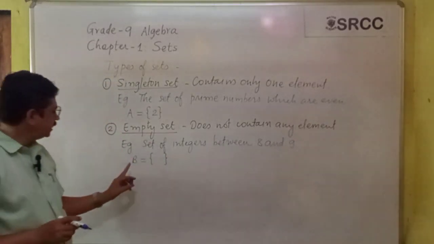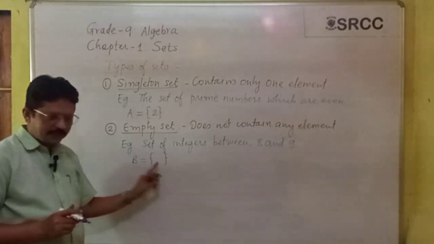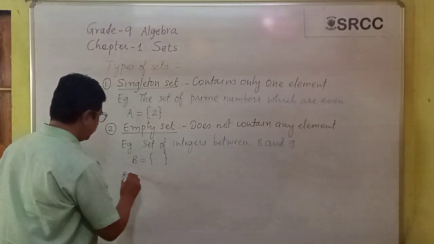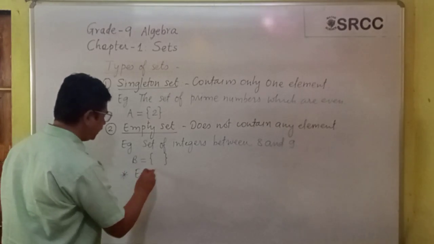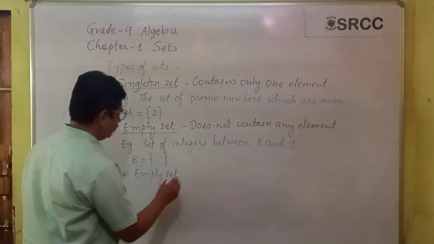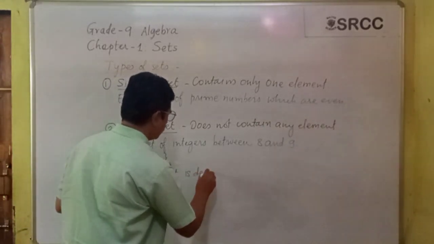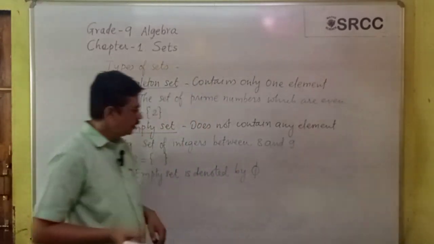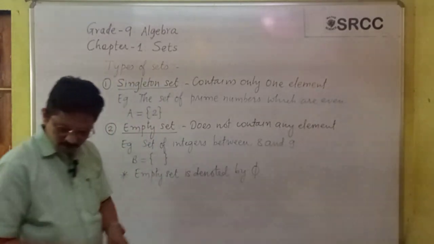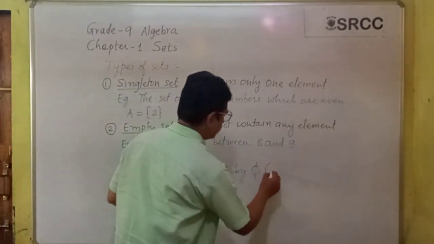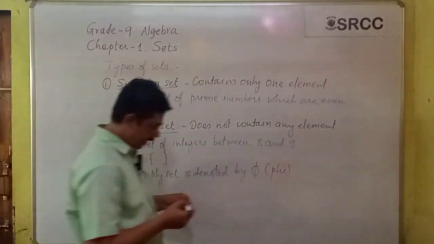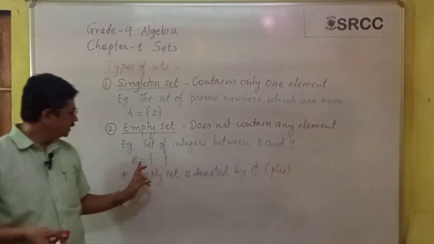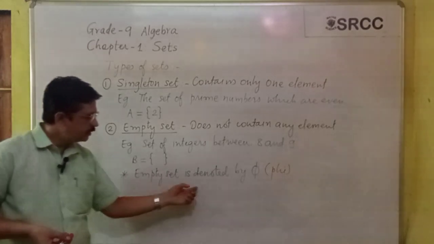In such a case, we write B as the empty set in this way, and here we have to understand the symbol for an empty set is this symbol, which is also known as phi. So, the set of integers between 8 and 9 is an empty set. An empty set is denoted by phi.